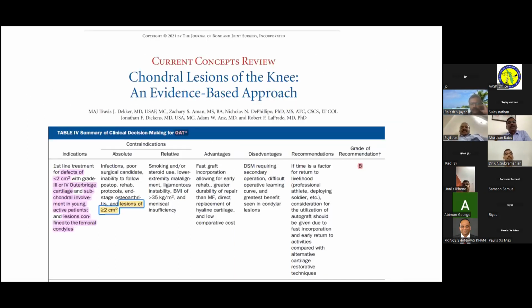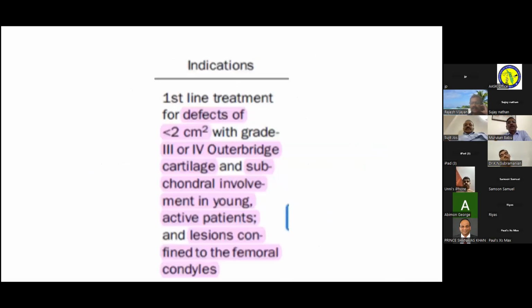And this is from the same paper, the 2021 JBJS paper. This is a first-line treatment for defects of less than 2 centimeters square with grade 3 or 4 classification, and with subchondral involvement. That is the indication for this OATS treatment in active young patients.